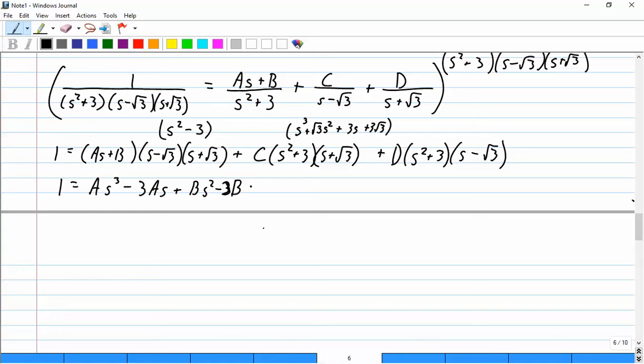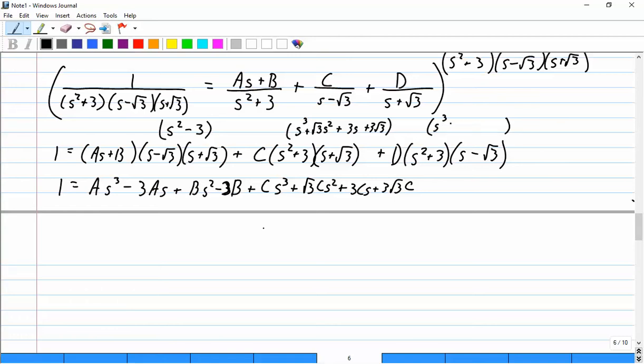Alright, so what is that going to give us? That's going to give us plus Cs cubed plus square root of 3 Cs squared plus 3Cs plus 3 square root of 3 C. And then here we're going to have something very similar.